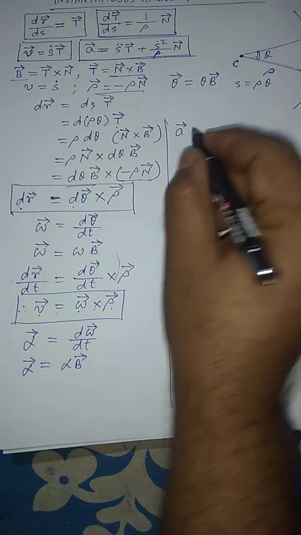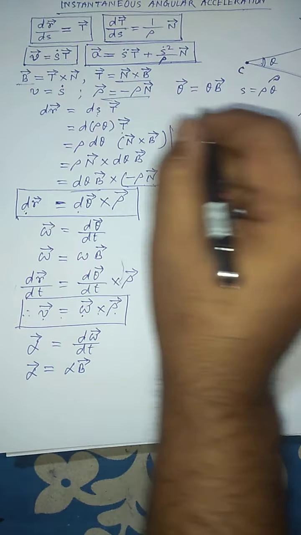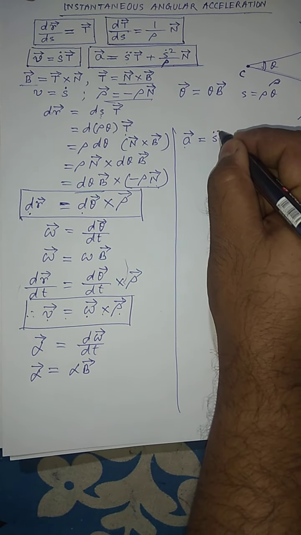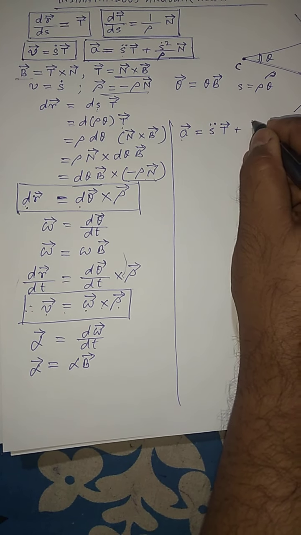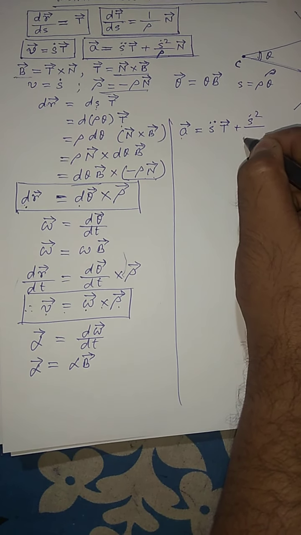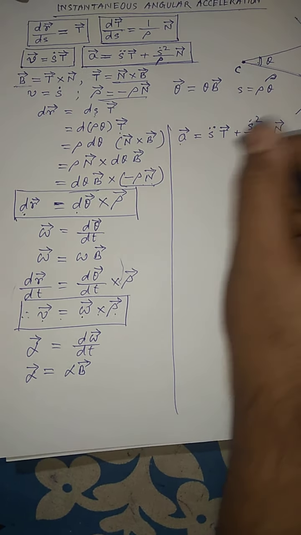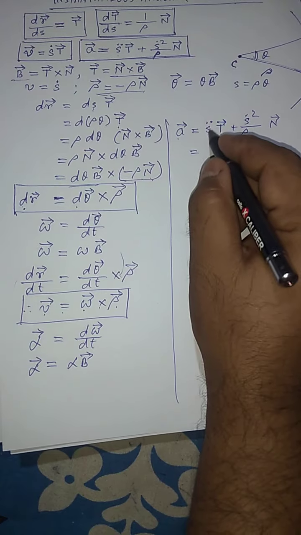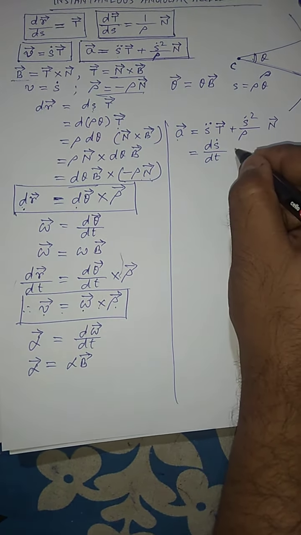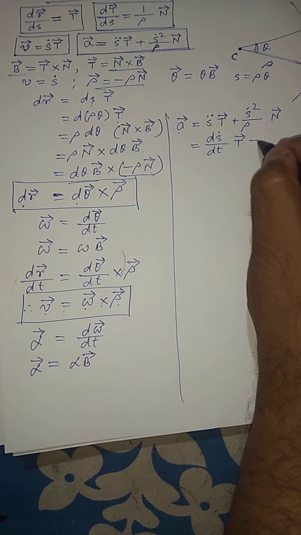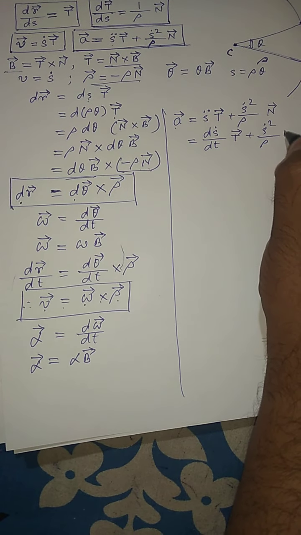Vector A, instantaneous linear acceleration, is equal to s double dot vector t plus s dot squared divided by rho vector n. In place of s double dot we write d s dot dt vector t plus s dot squared divided by rho vector n.